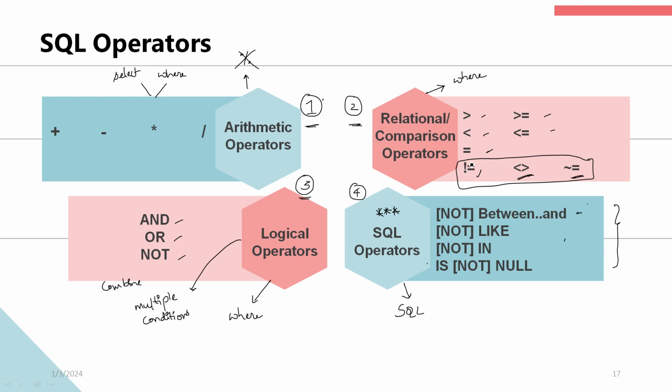Between and is the range operator, which checks for a range of values. To perform pattern matches, we make use of the like operator. The in operator is used to check for a list of values. And in SQL or in RDBMS, we have a special value called null.